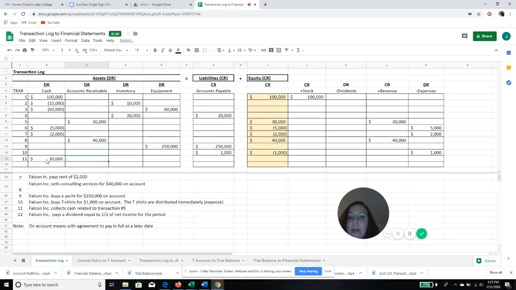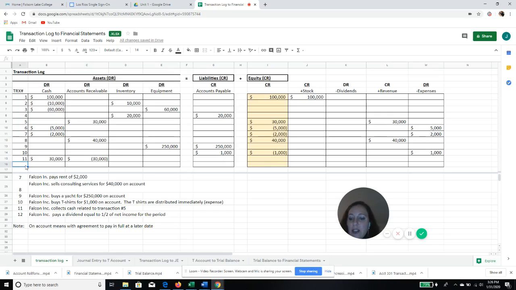And then we decrease accounts receivable. So if you think of accounts receivable like an IOU, when we booked transaction 5, the customer gave us an IOU and said they're going to pay us $30,000 later. When we actually get the cash, we give back the IOU because they no longer owe us any money. On the left side, we net to zero. We didn't book anything on the right, so we are in balance.